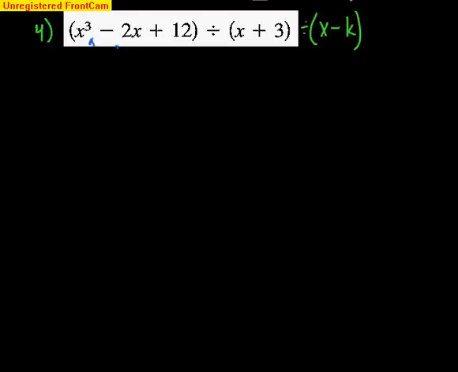Now, we cannot forget this either. When you're dividing, all the powers of x must be there. This guy is missing x squared, so fill it in. Okay? So let's first use synthetic division.